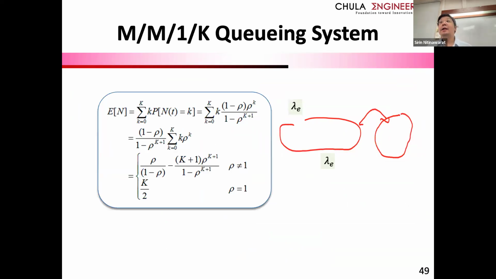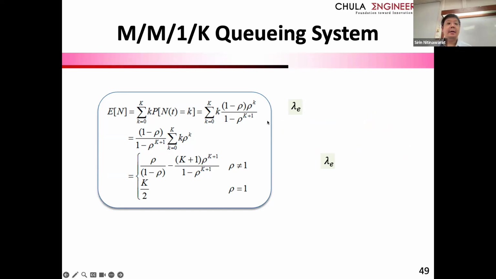Once you derive all these P's, then you can derive the average number of customers in the system, because it's just the expectation in terms of these P's. The formula is a bit complicated.